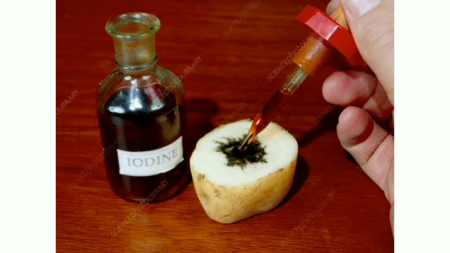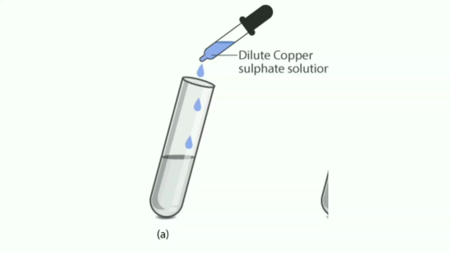So we can say that the food which turns blue on adding iodine contains starch, and they are mainly carbohydrate foods. In the second test you can see that we are adding dilute copper sulfate solution to milk and it is turning purple. So whenever we add dilute copper sulfate solution to protein, it will turn purple.